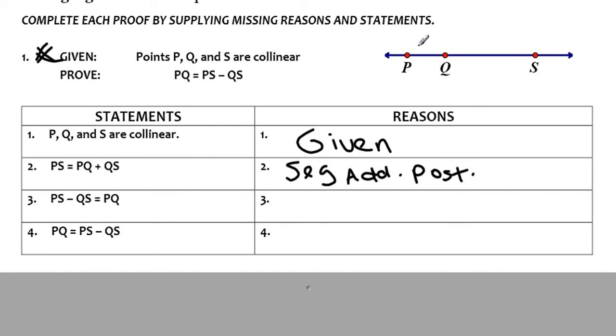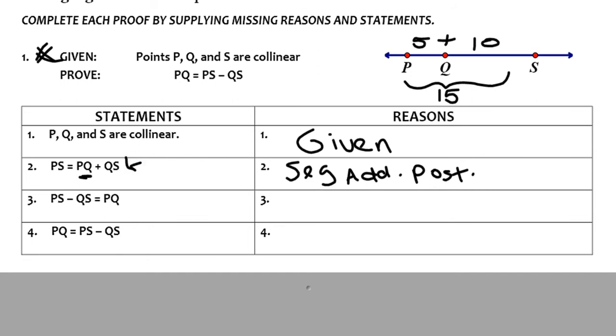The segment addition postulate, if I put numbers here, maybe it'll help you. The segment addition postulate says that part of a segment, PQ, so 5, plus the other part of the segment, QS, 10, equals the whole length of the segment, PS, which is 15. So if I add 5 to 10, I get the whole length of the segment, 15. That's just the segment addition postulate in letters.